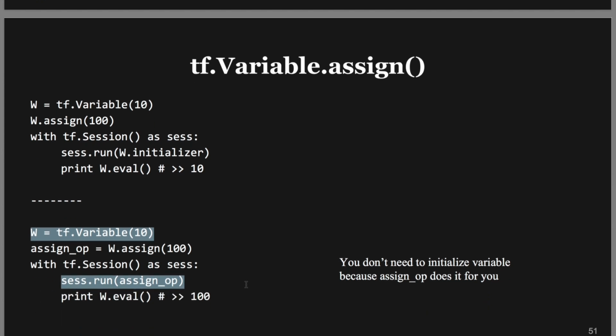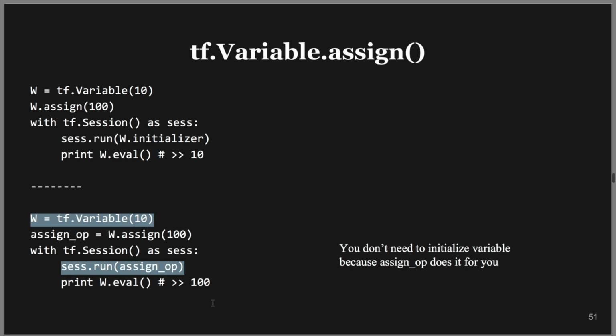And I guess that's exactly what we are talking about out here. We came up with this assign op. We ran sess.run(assign_op), and we did not call sess.run(w.initializer) in this code. And when we do w.eval(), it will show you the right thing, the 100.